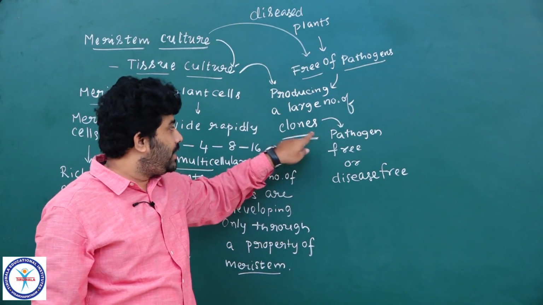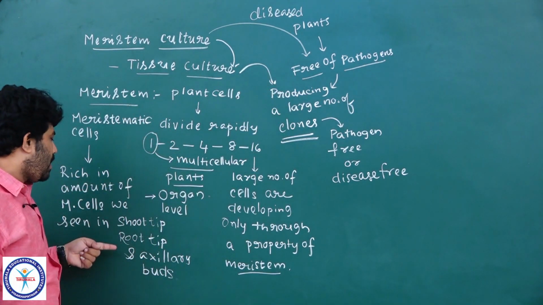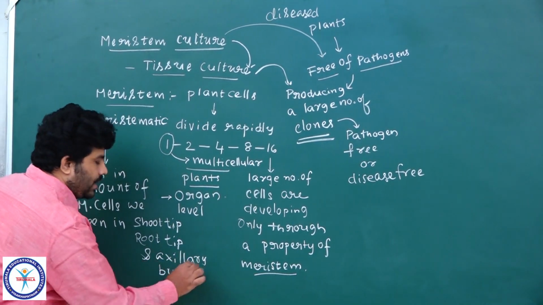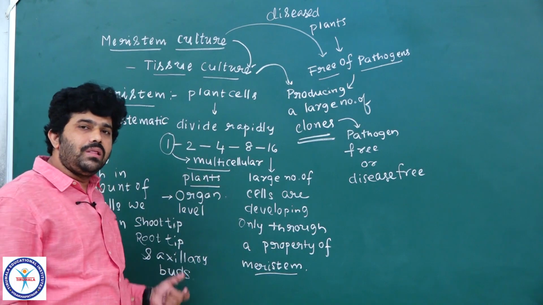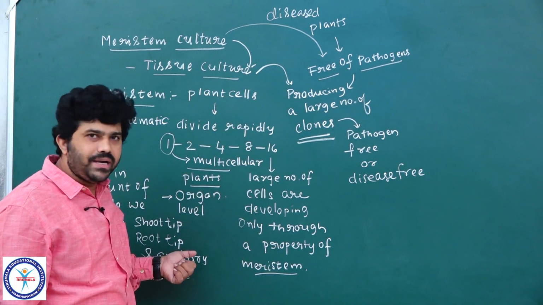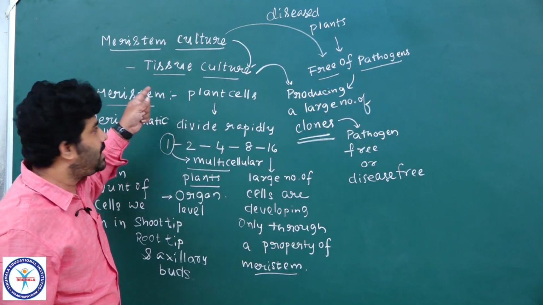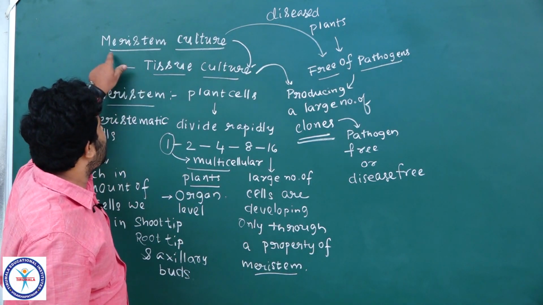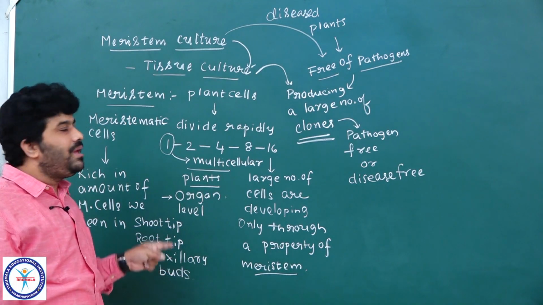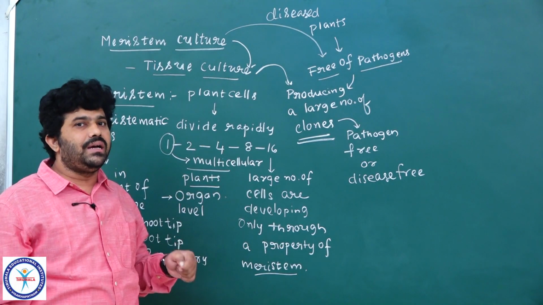Especially here, for these clones we use somatic parts, for example shoot tip, root tip and axillary buds. All these are somatic parts or body parts. For the culture, which is a tissue culture, we take the meristematic tissue or meristematic cells, collect them and culture them.